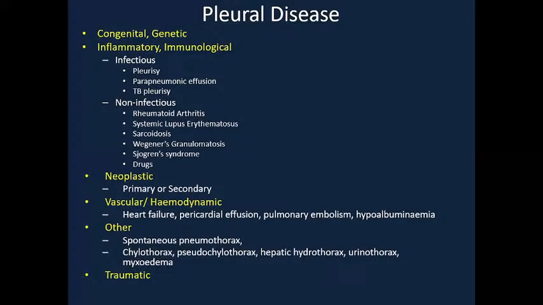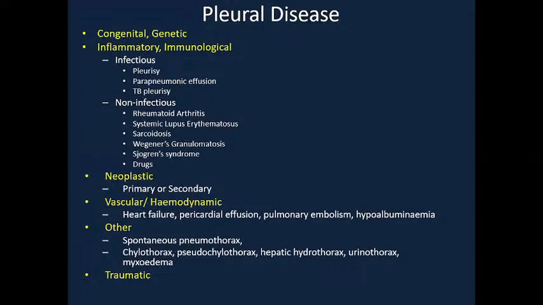So these are patients who have had a pneumonia. We discussed pneumonia previously, and you will recall that we said that parapneumonic effusions are one of the complications of community-acquired pneumonia, hospital-acquired pneumonia, ventilator-acquired pneumonia, and so on. And then obviously pleurisy due to TB.